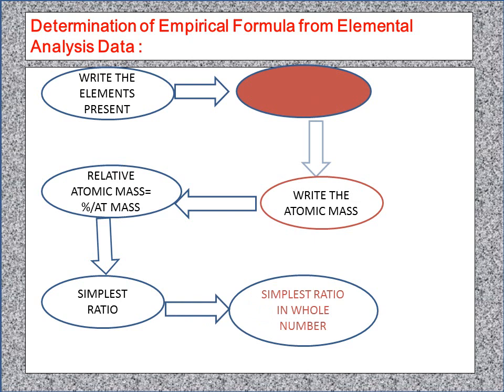To arrive at empirical formula from the elemental analysis data, the steps followed are: first we must write the elements present. For example, carbon, hydrogen, oxygen, all these things you must write. Before we proceed, they would have given you percentage composition. Add all the percentage composition.